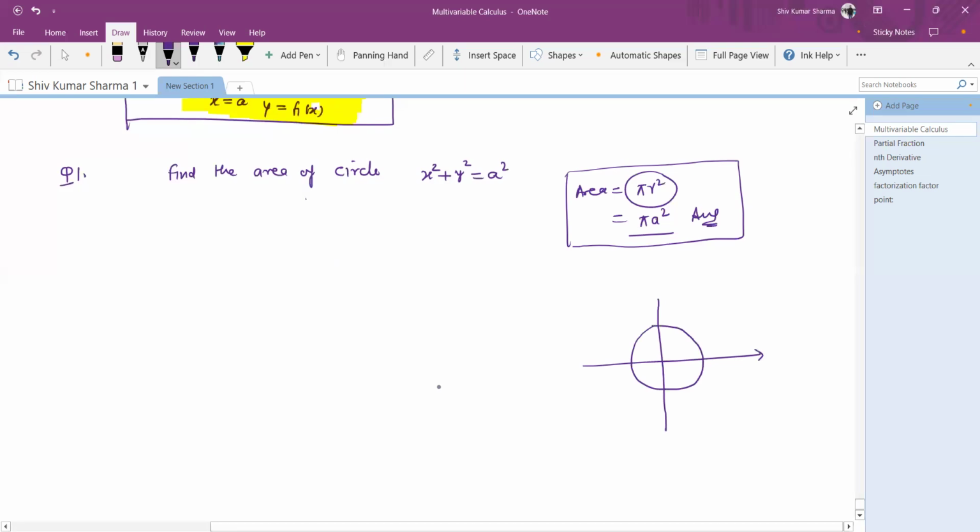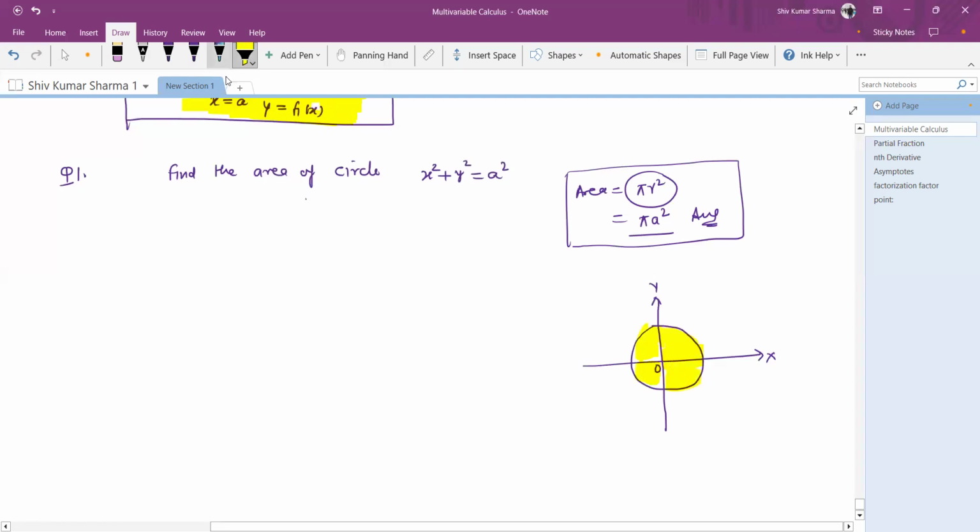So this is our circle with radius a, and these are the axes. Here is the origin. When we draw a circle in this way, it makes a symmetry. That means this area is equal to this area, equal to this area, and equal to this area.